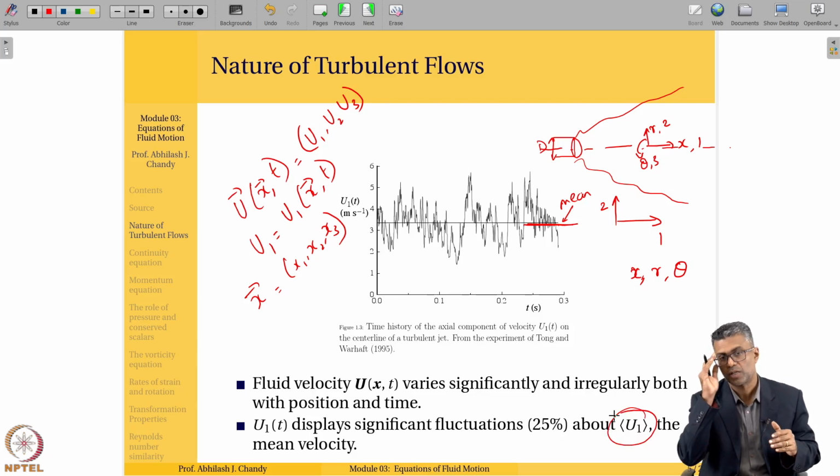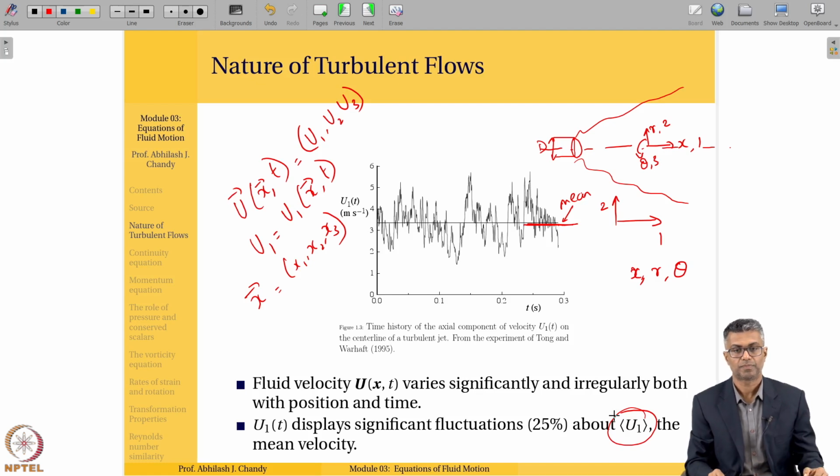That's going to be a constant. That's not going to change. In this case, that's about 3 point something. But as you can see, the velocity fluctuates between 1 point something to 5 point something. So that is the amount of fluctuations you're having. So about 25% fluctuations are there. So this is from a real experiment.